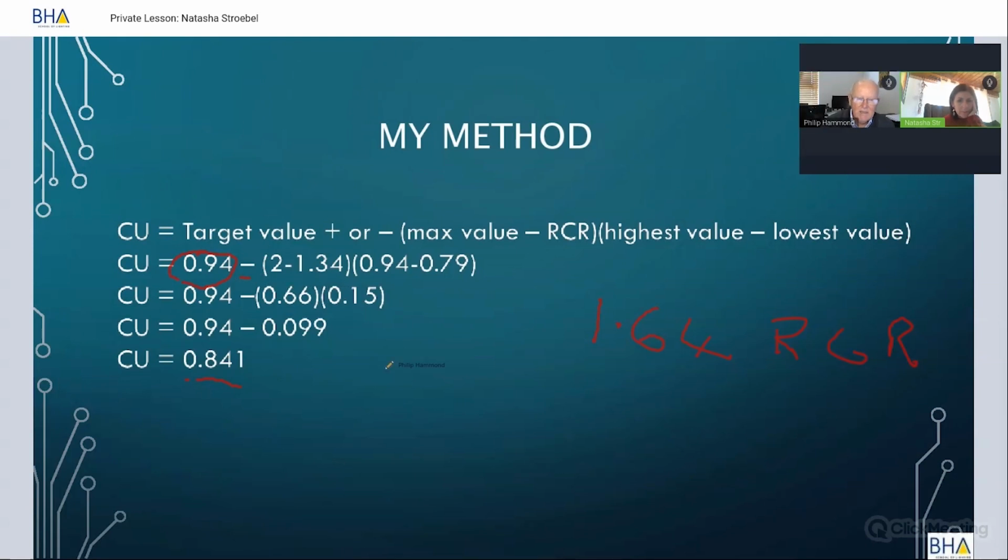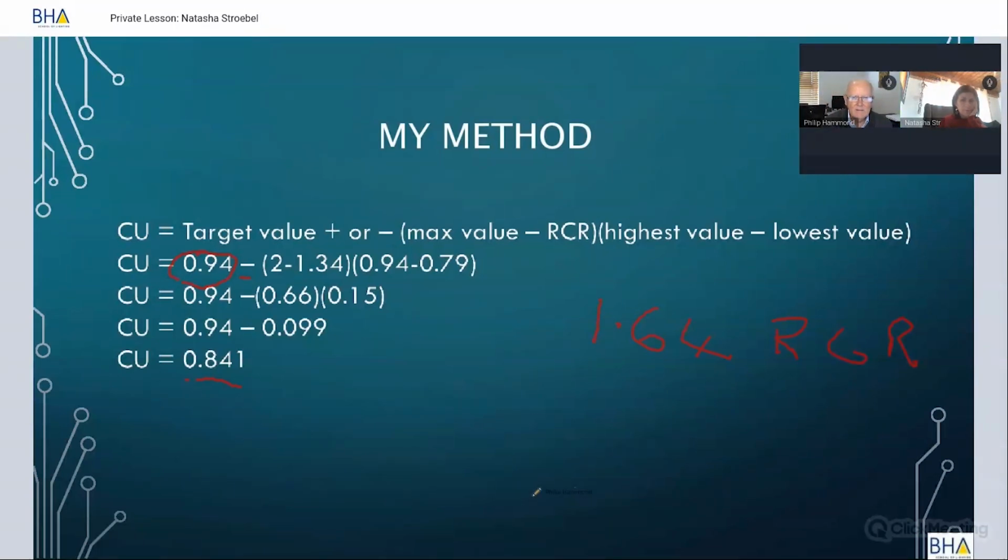Therefore, it's minus, because 1.34 is closer to 1 than it is to 2. If it was 1.5, you could do either: 0.94 minus or 0.79 plus, because the answer will be the same.